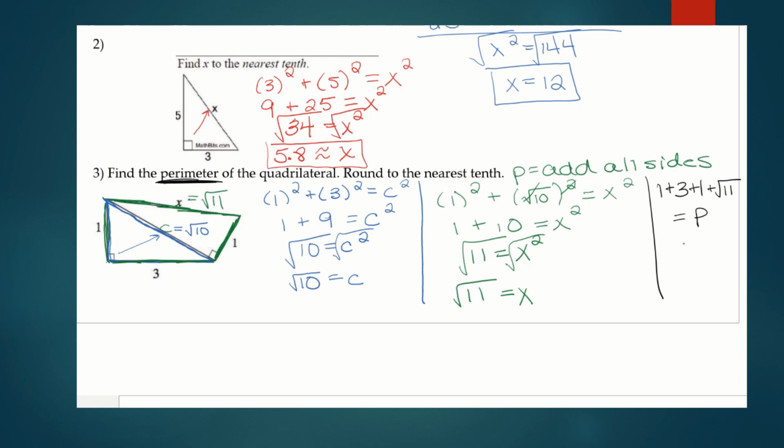All right, so 3 plus 1 plus 1 is 5 plus the square root of 11 equals our perimeter. Going to my calculator, 5 plus second x squared, 11, close that parentheses, equals a perimeter, rounding to the nearest tenth, of approximately 8.3. That's all of our sides of the quadrilateral added together.